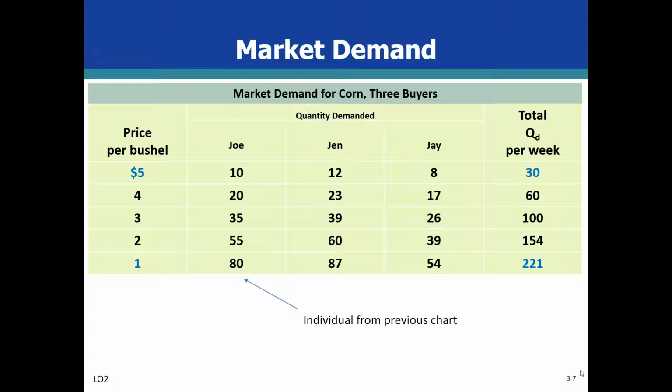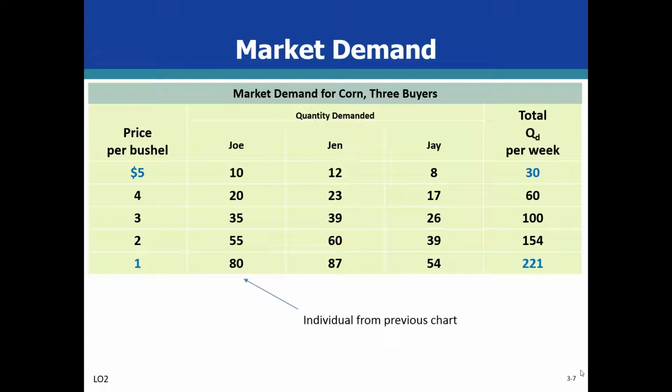The overall market demand curve is made up of the individual demand curves for a given product or service. We can see that the demand curves for Joe, Jen, and Jay are different. Many factors can play a role in the difference. However, the sum of the individual demand curves provides us with the market demand, the total.